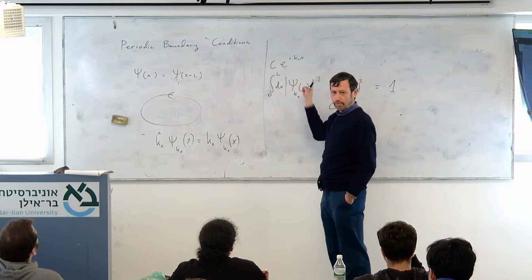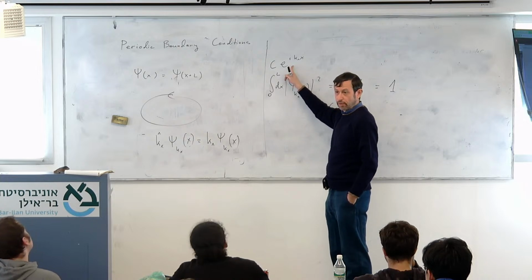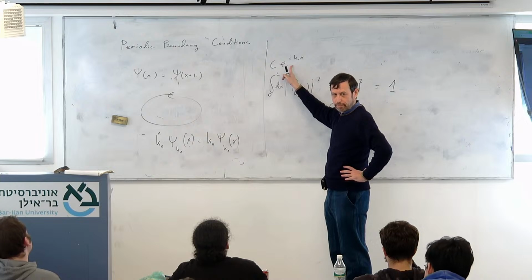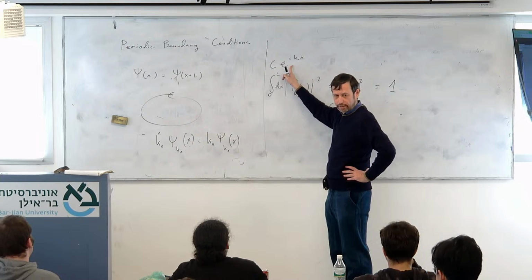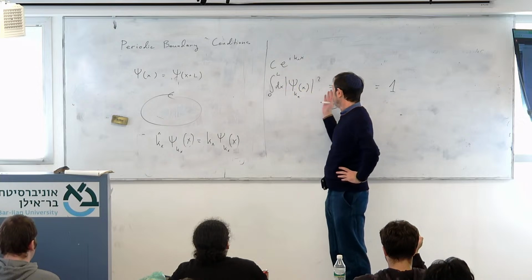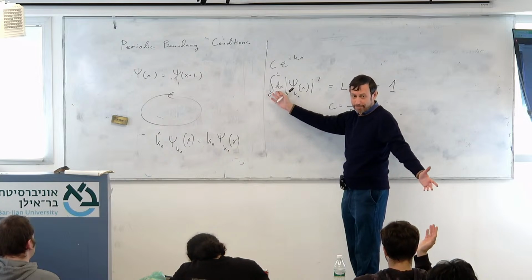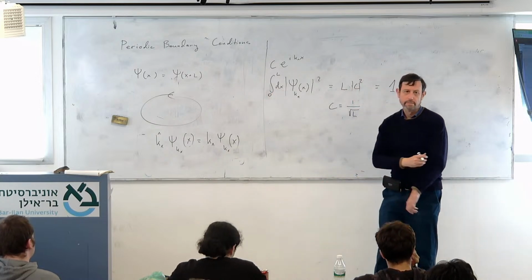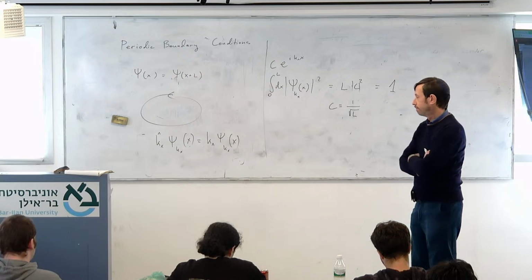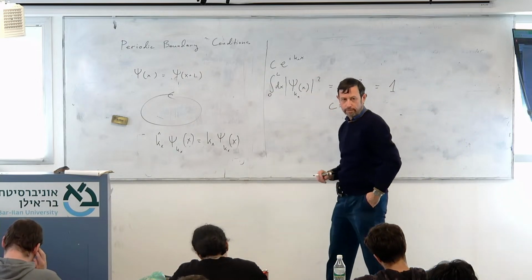We have this and we have it squared. The phase falls off because it's e to the ikx times e to the minus ikx. And then we get C squared times the integral dx. This is L. So C is 1 over the square root of L.